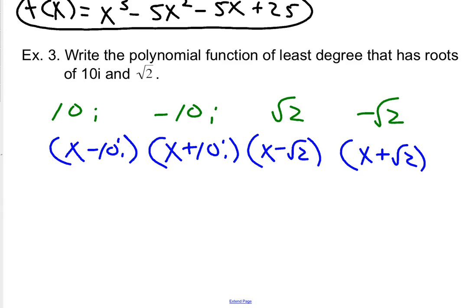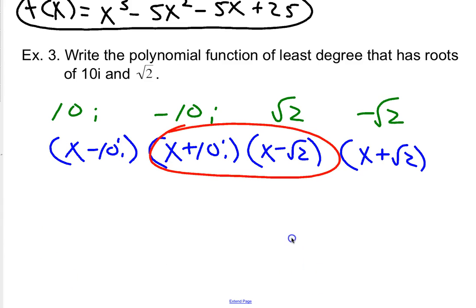Now those who struggle end up trying to multiply, say for instance these two things. That ends up being really ugly. You don't want to do that. Make sure you only multiply the conjugates. Okay? So, the conjugates are the x minus 10i and the x plus 10i.